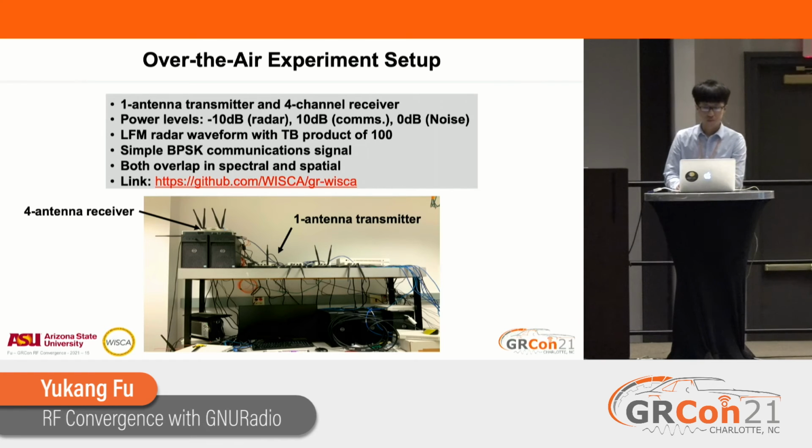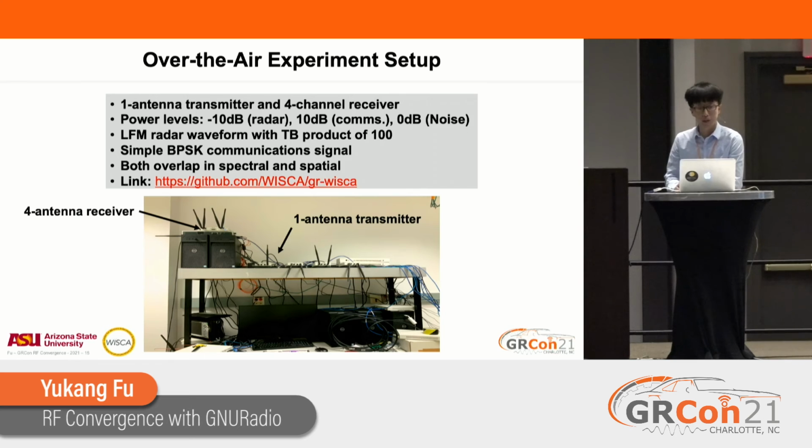We use an LFM radar waveform with a time bandwidth product of 100. For the communication part, we use simple BPSK communication signals, and both signals overlap in the spectral and spatial domain. The setup is shown in the picture, and again, we provided the link to our work.